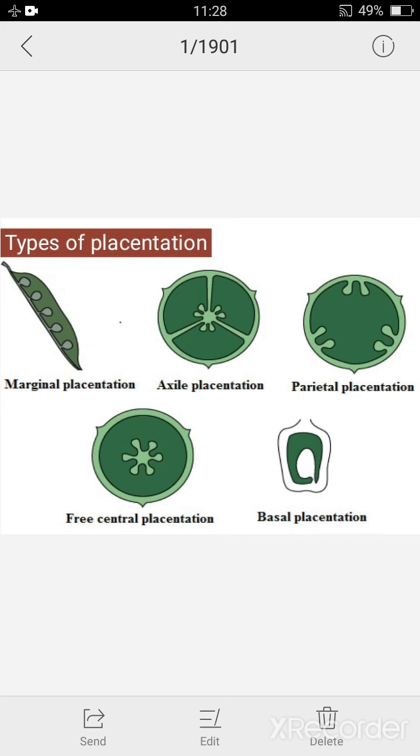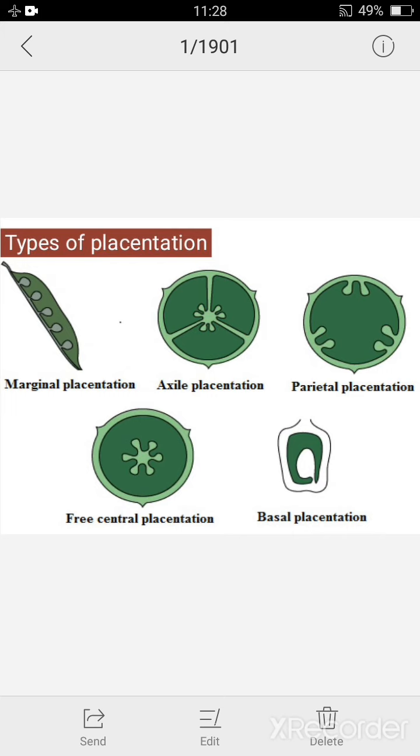Marginal placentation: ovules are attached to the placenta at the margin, which is ventrally present in the ovary. Right? Next, axial placentation. So here septa or chambers are present. Chambers are called locules. Understood? They are present at the central portion of the ovary. True septum is present in axial placentation. Next, parietal placentation. Ovules are borne on the inner side of the ovarian wall.